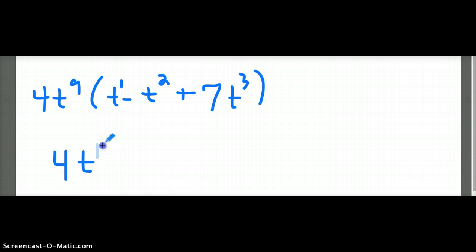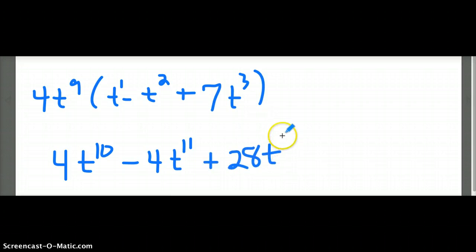So 9 plus 1 gives us 10, minus, and be careful of the signs here, minus 4 times 1 is 4t, 9 plus 2 gives us 11, plus 7 times 4 is 28, t again, and then 3 plus 9 is 12. And so that's the answer.